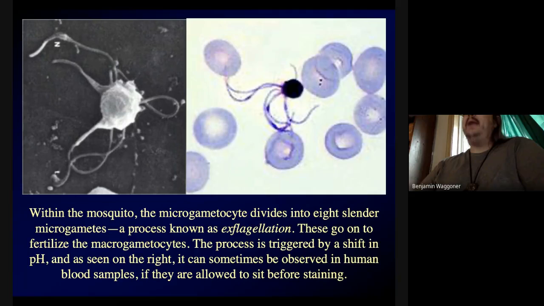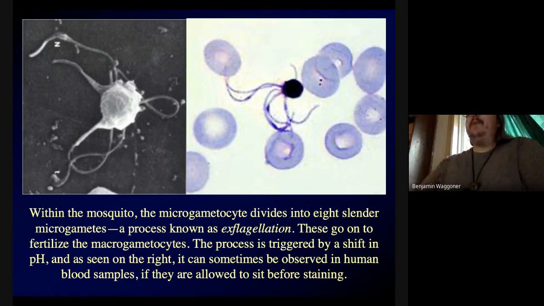On the right, you can see it happening in a blood sample. You can sometimes see this happening in a human blood sample if you let it sit for about an hour before you stain it. The process is triggered by the blood becoming a bit more acidic, and this happens naturally in blood that's drawn and then allowed to stand.